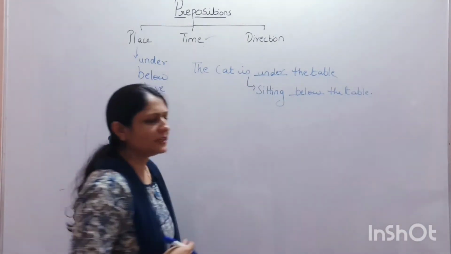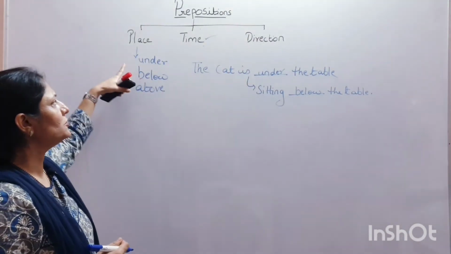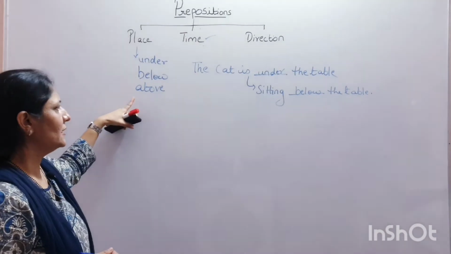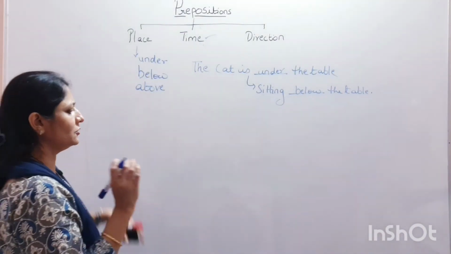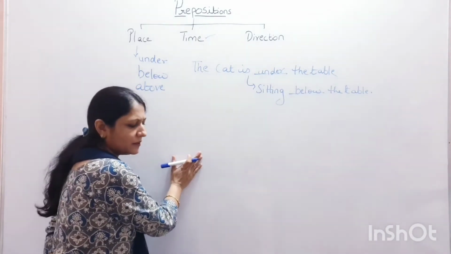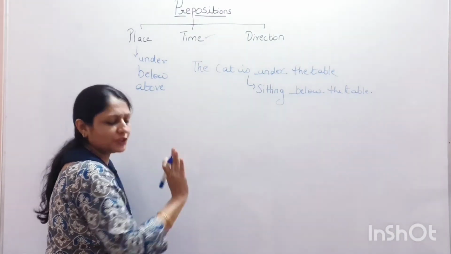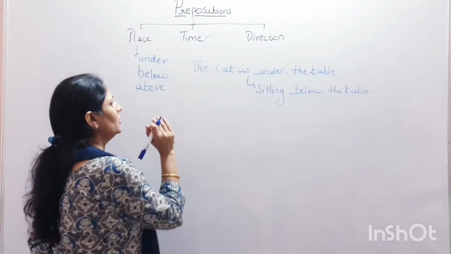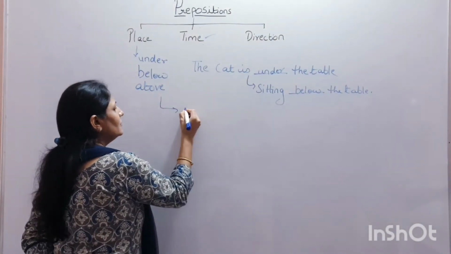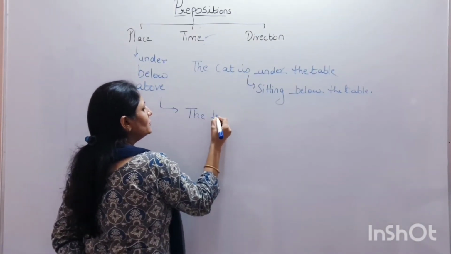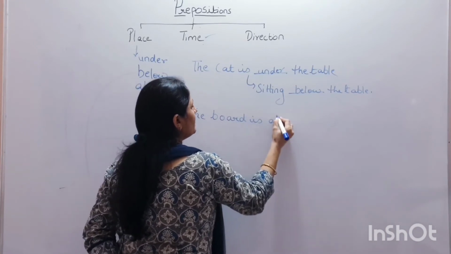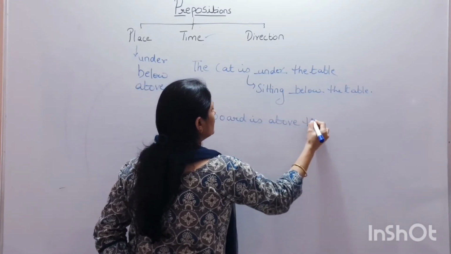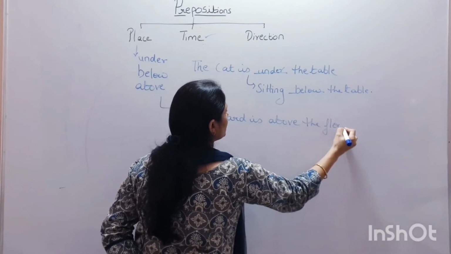Again, these prepositions are also the prepositions of place. Now above also tells you about the location. For example, this is a whiteboard which is above the floor. So what can I say here? The board is above the floor.